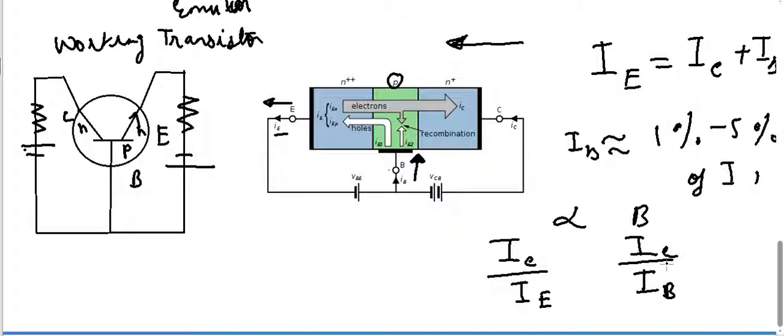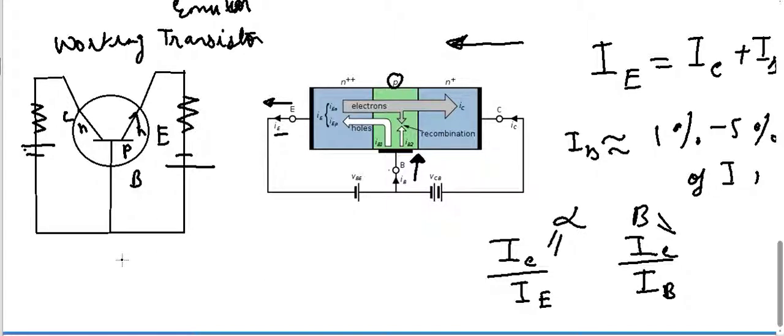So alpha is equal to IC by IE, and beta is the ratio of the collector current to base current. Repeating, alpha is the ratio of collector current to emitter current, and beta is the ratio of collector current to base current. So these are important definitions.